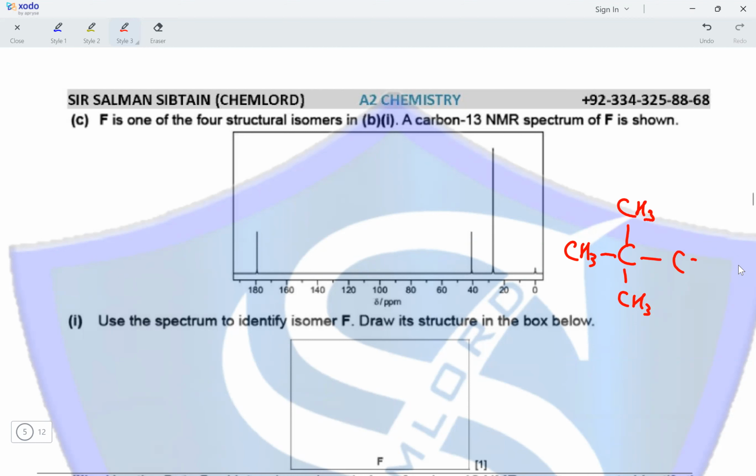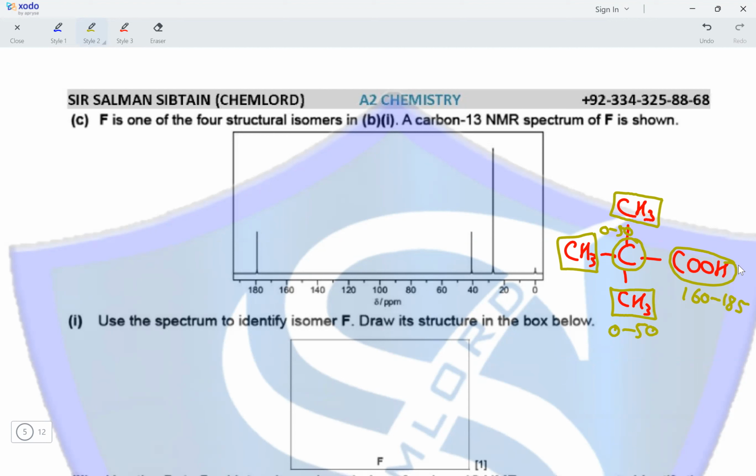and a COOH group. So using the data table for carbon-13 NMR, this group would lie in the range of 160 to 185 parts per million. This would lie in the range of 0 to 50 parts per million, and the three CH3 groups 1, 2, and 3 would also lie in the range of 0 to 50 ppm.